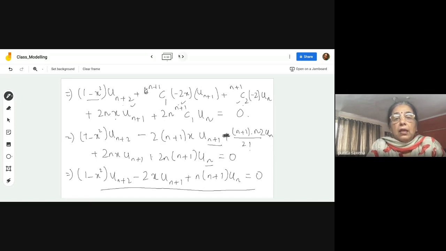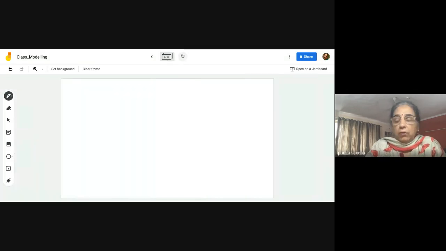Okay. Now, if I want, can I not write it as 1 minus x square? What was the first term? u(n plus 2), which means the second derivative of u(n), n plus 2, right? Then minus 2x(n plus 1), that means what?